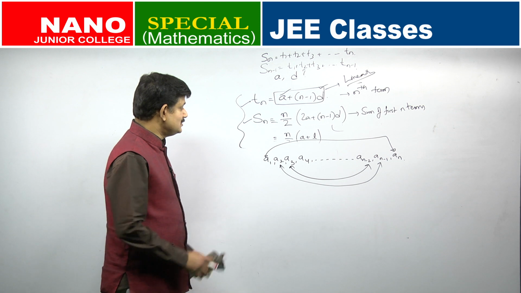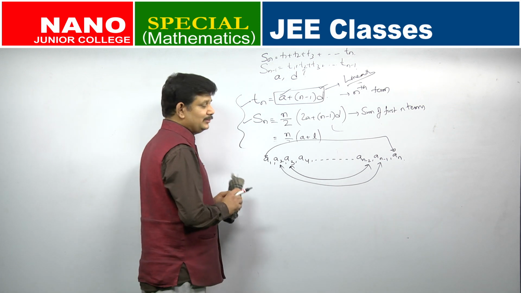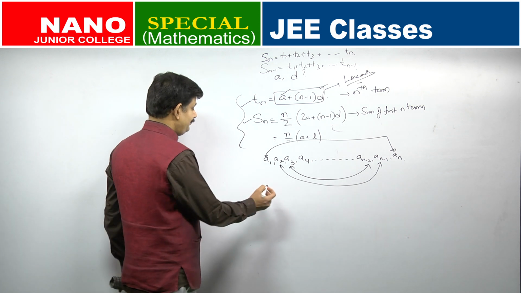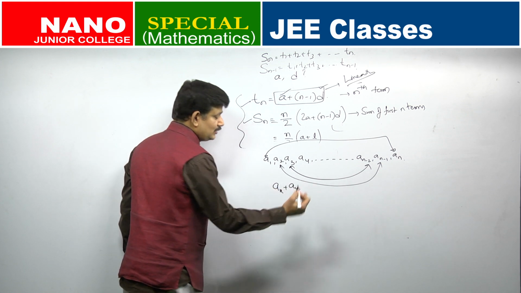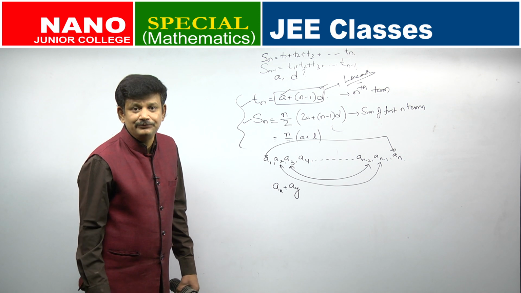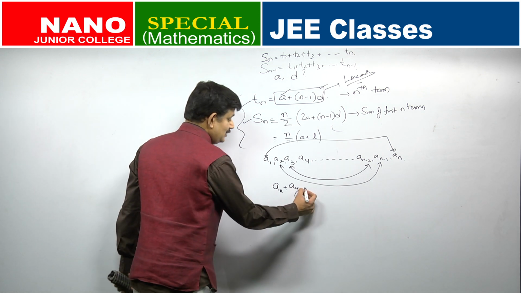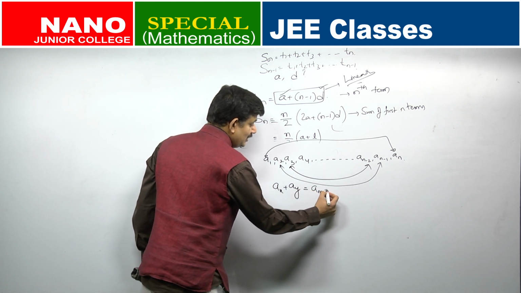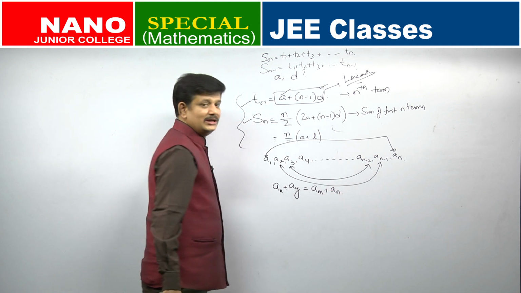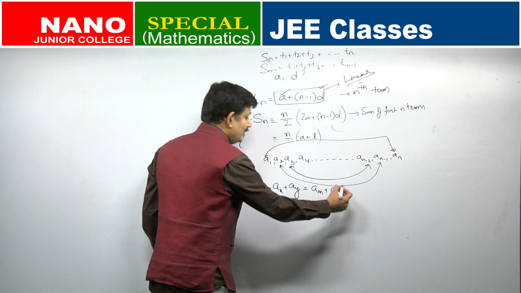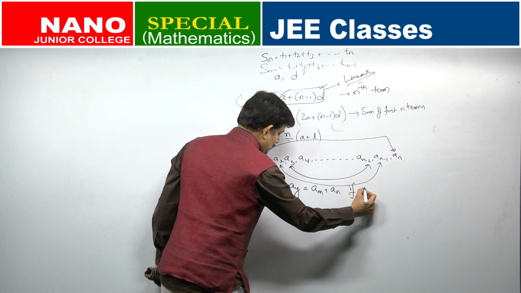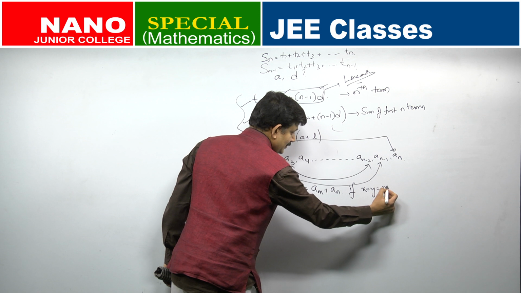So, in an arithmetic progression, let us say AX and AY are two terms of an arithmetic progression. AX plus AY will be equal to AM plus AN, where AM, AN are again any two terms of the arithmetic progression, whenever x plus y is equal to m plus n.